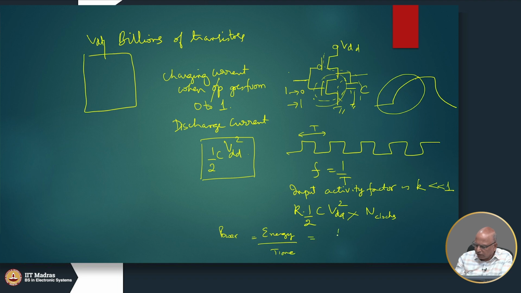So, we can say k times half times C VDD square times n clocks, divided by n clocks multiplied by the period. This simplifies to k times half times C VDD square times f, where 1 over T is the frequency. So, this is the active power.